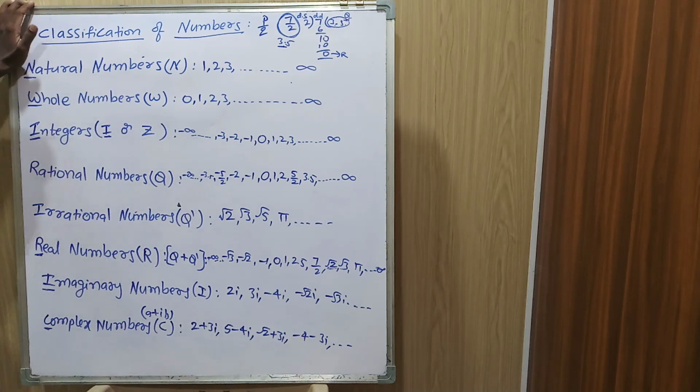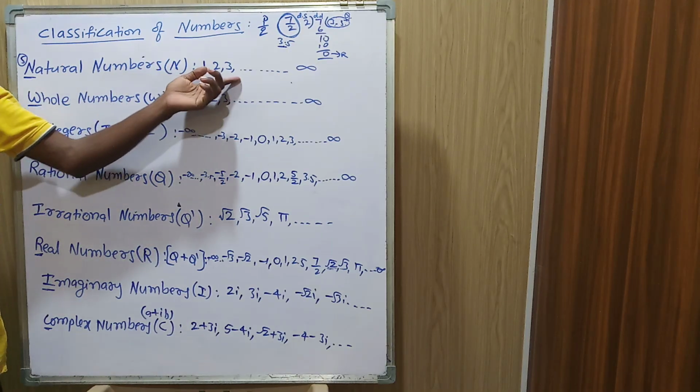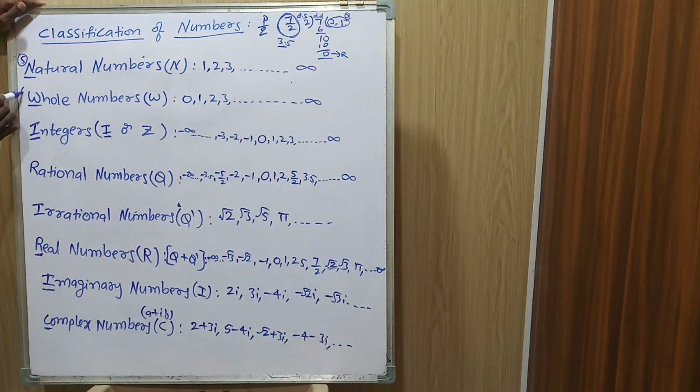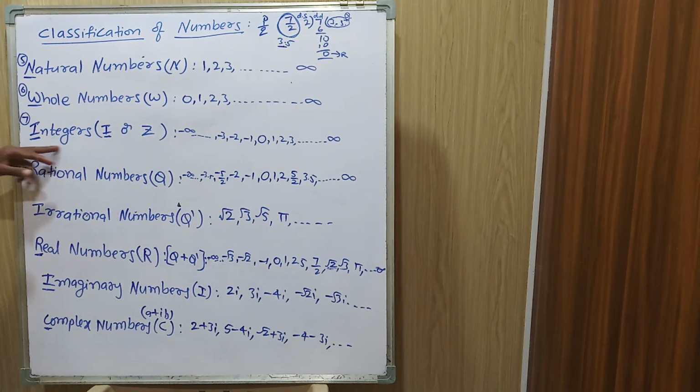These are complex numbers. Now, till your 5th class, you are familiar with natural numbers or counting numbers. In your 6th class, you are going to learn whole numbers. Next, in your 7th class, integers. In your 8th class, rational numbers.